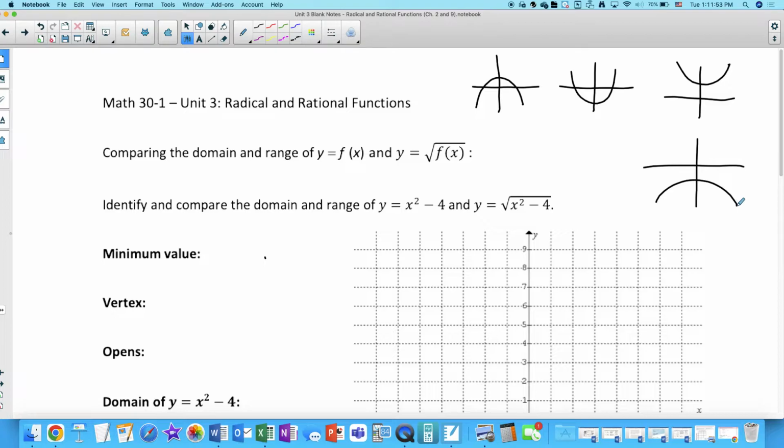We're going to get a bunch of situations here because in this situation, the radical function will be defined here. In this situation, the radical function will be defined here because these are the regions where the original is above the x-axis, where f of x is greater than 0. Okay? Here, where will the radical function be defined?